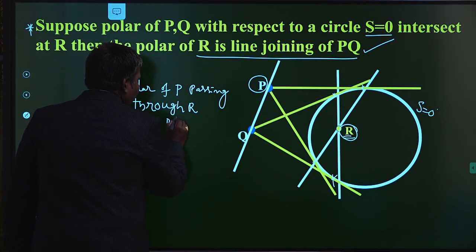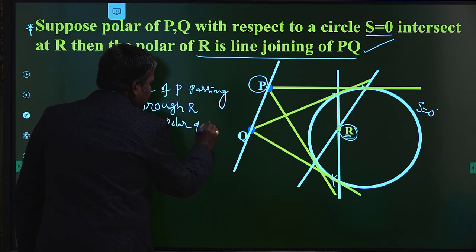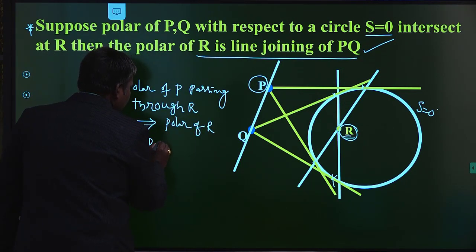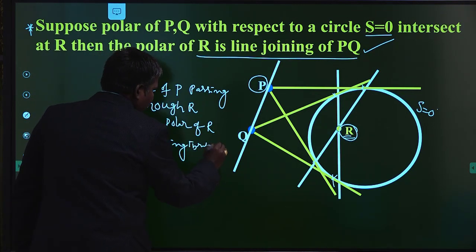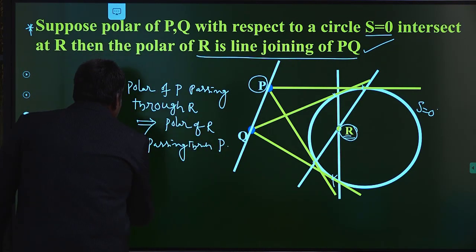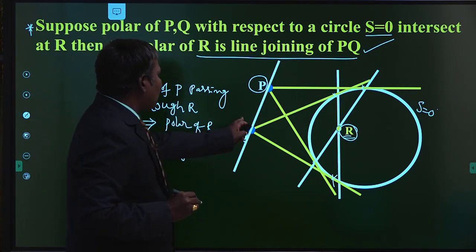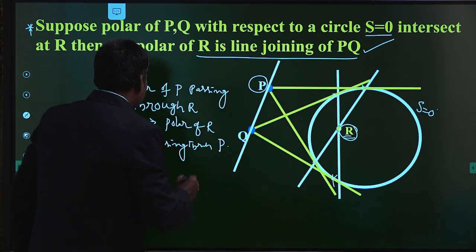Implies polar of R passing through your point P. Again, what do you have?